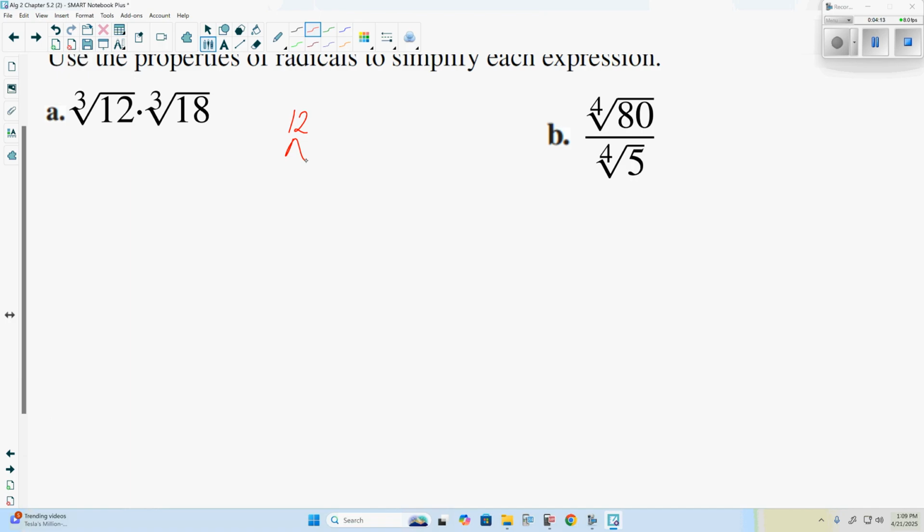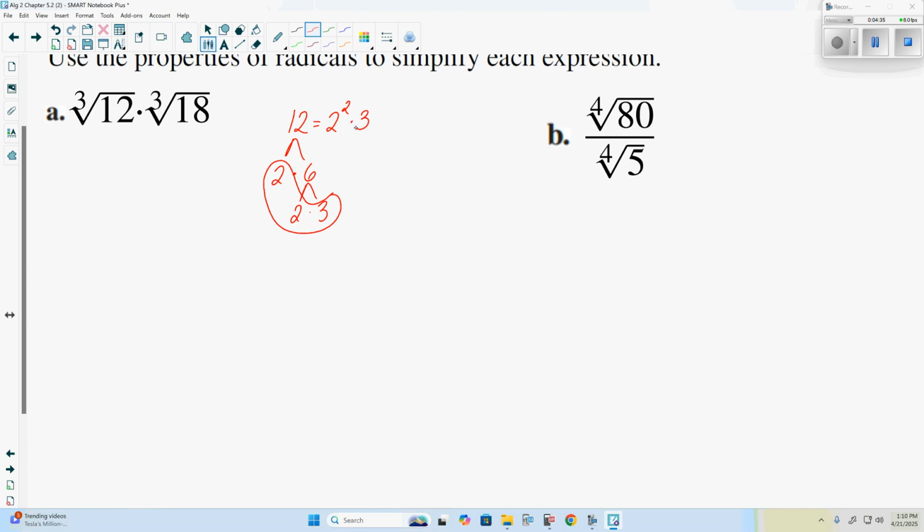Because 12, we can say is 2 times 6. And 6 is 2 times 3. So our prime factors are 2, 2, and 3. So we can say 12 is 2 squared times 3.